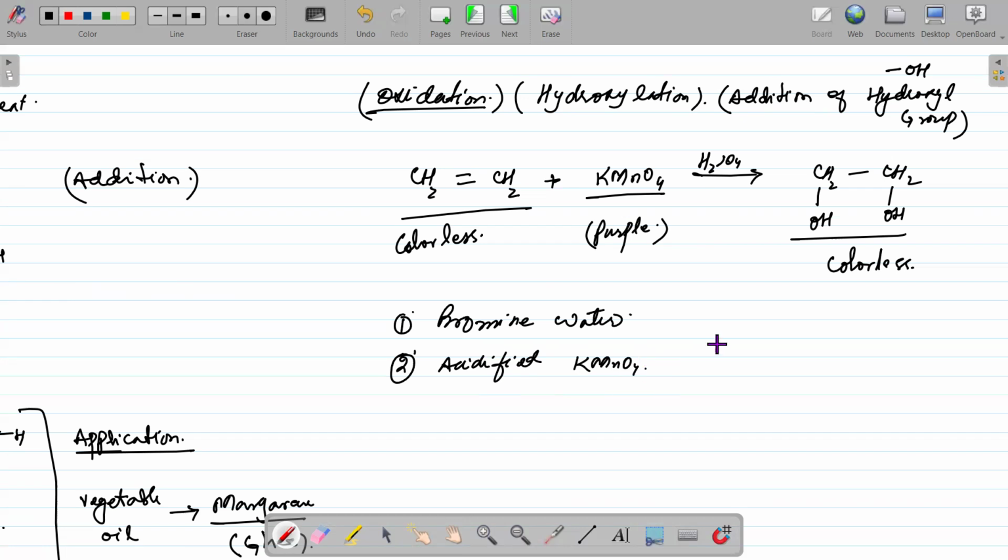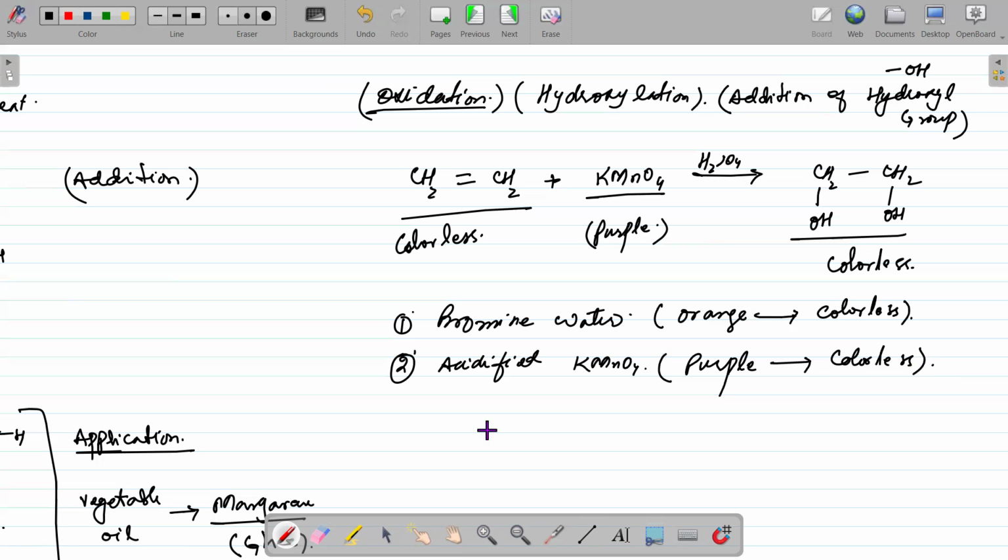Remember, the colors are very important. We say acidified KMnO4, it means in the presence of sulfuric acid. So bromine goes from orange to colorless, right? And here it goes from purple to colorless, right?